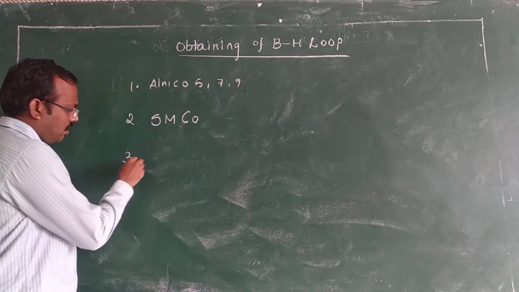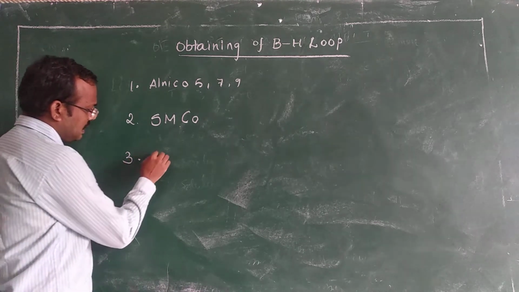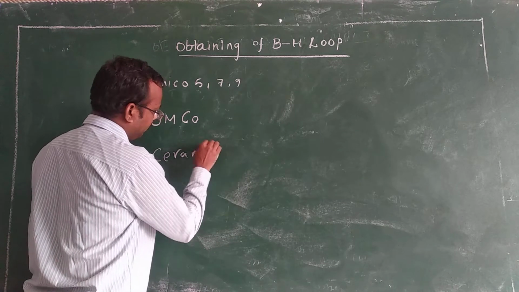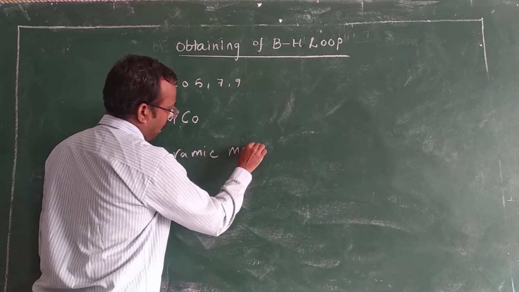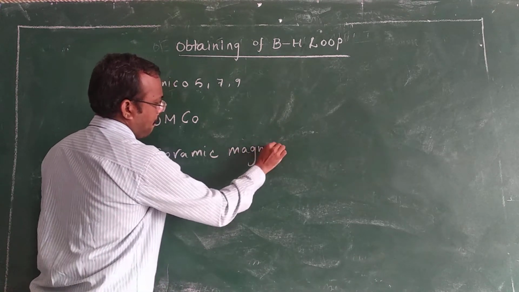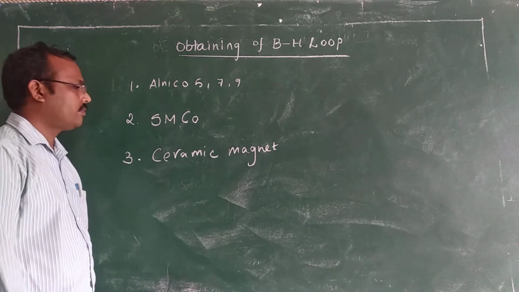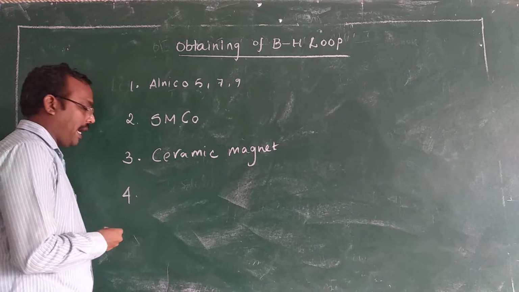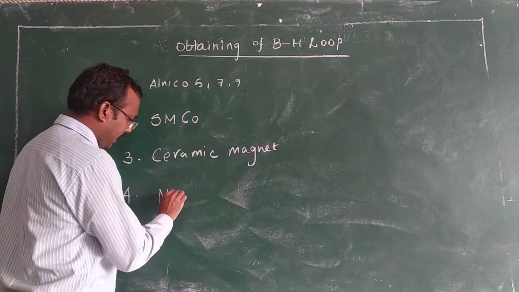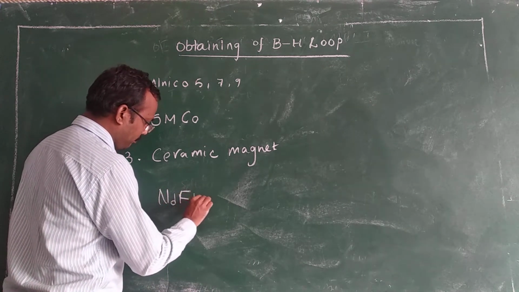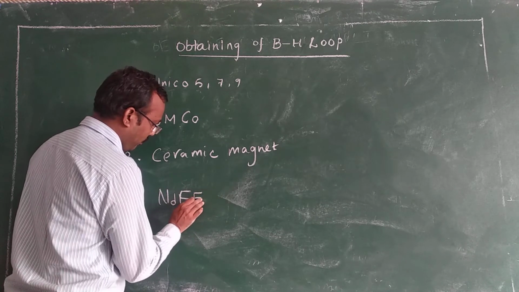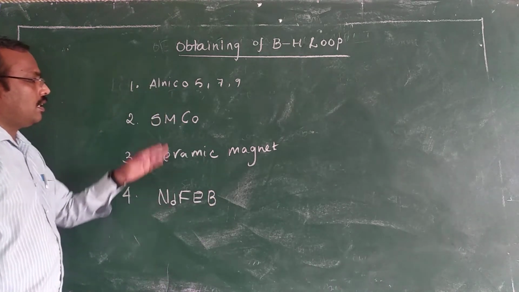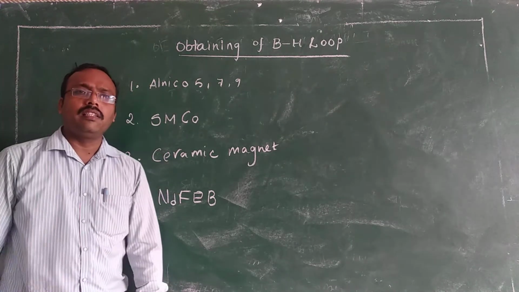Another magnet is called ceramic magnet. The last one is neodymium magnet, NdFeB. These are the four magnetic materials.